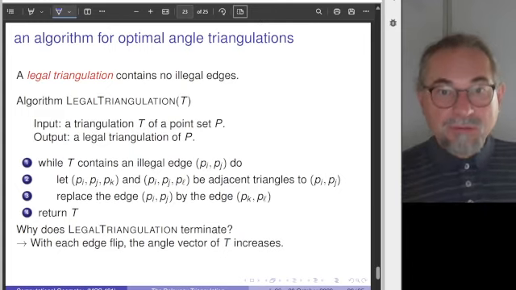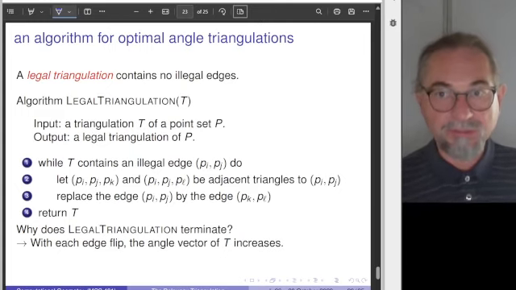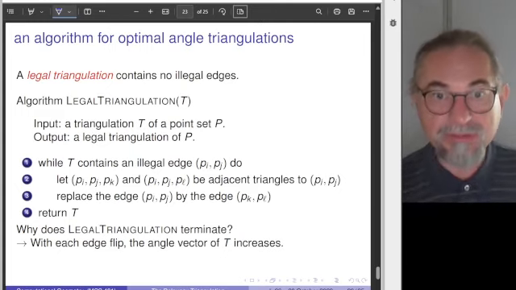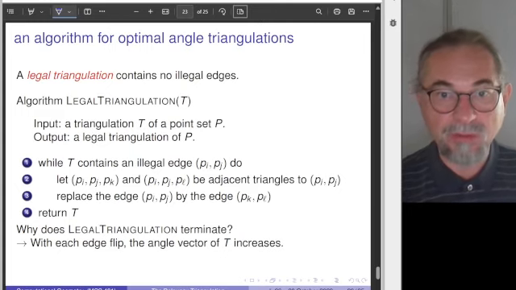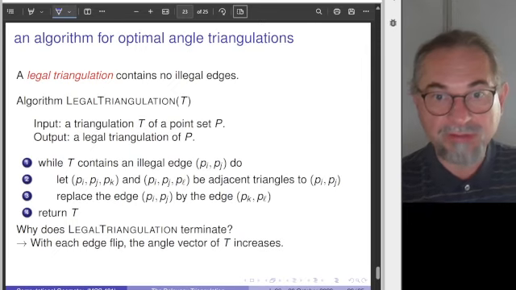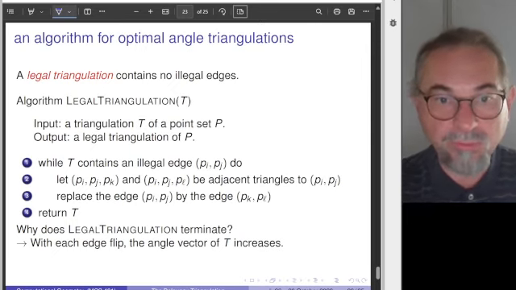So it is an algorithm. So every step is unambiguously defined. We have a structure where we can determine whether triangles are adjacent to each other or not. We can replace the illegal edges.